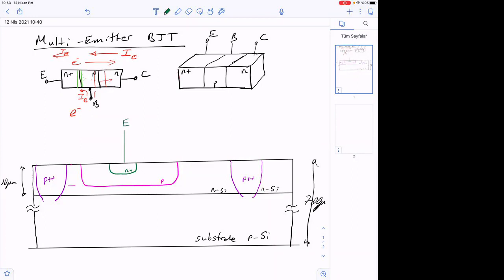So this substrate, we need to make contact to it. We also do N+ here, and this becomes our collector.